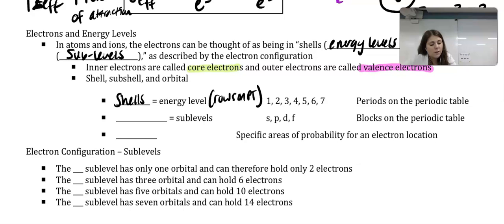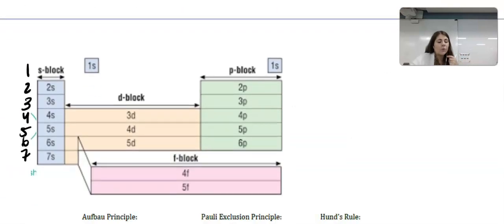Our sublevels, our subshells, are going to reference, oh, I have periods over there. Here they're going to reference blocks on the periodic table, and we have them labeled as S, P, D, and F. So if I scroll back down to this section right here, this is called our S block, all right?